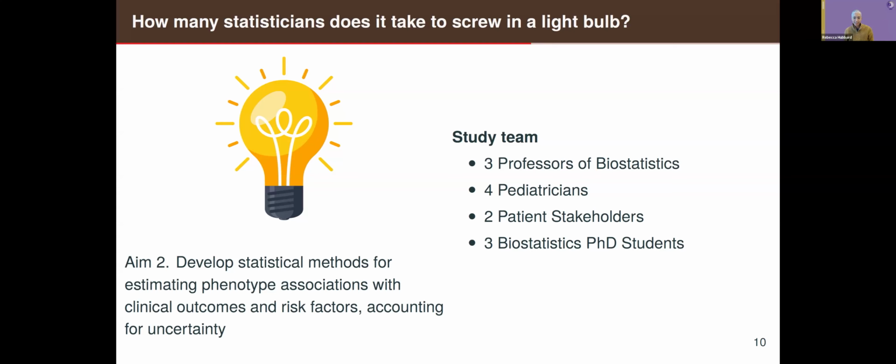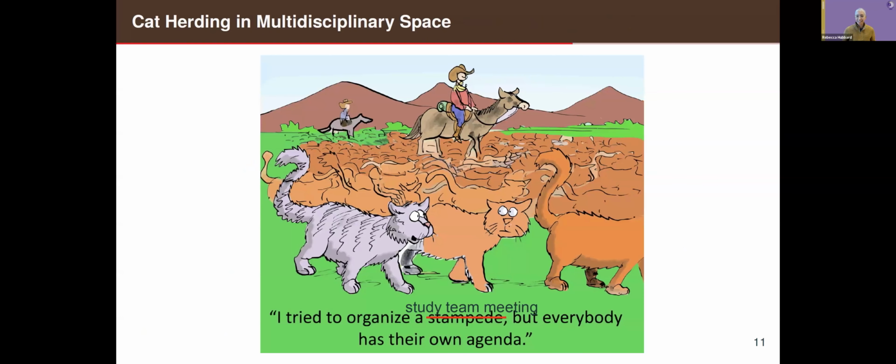We put together a study team that looked like 3 professors of biostatistics, a bunch of stakeholders, so 4 pediatricians who are interested in pediatric type 2 diabetes, 2 patient stakeholders, 3 biostatistics PhD students who are going to actually help us get this work done. And it turned out that we all had completely different agendas when it came to trying to get this work accomplished.